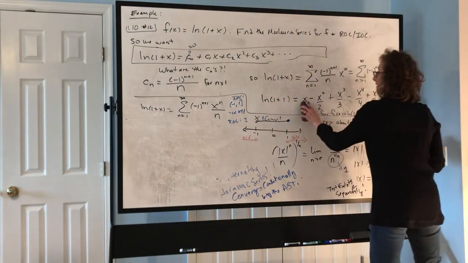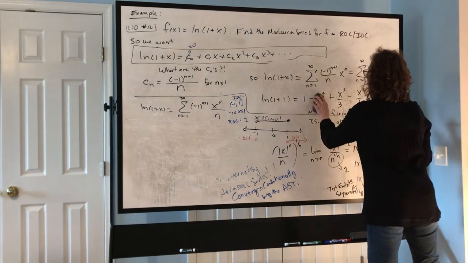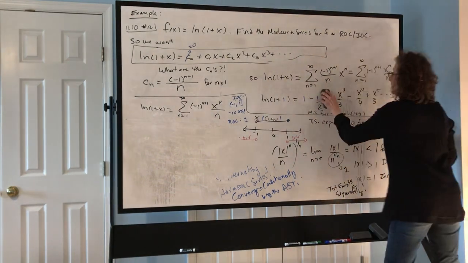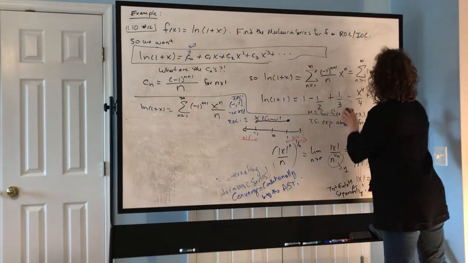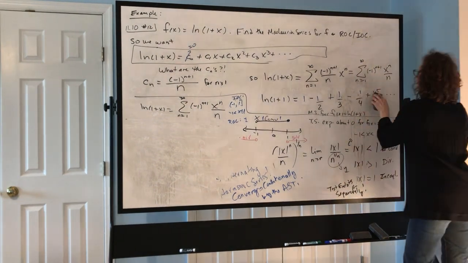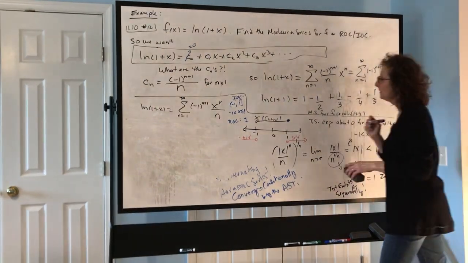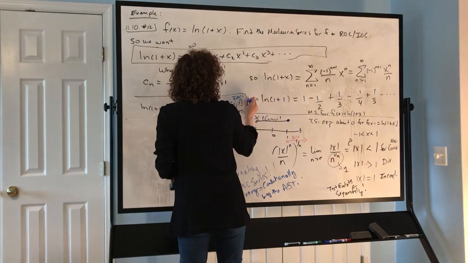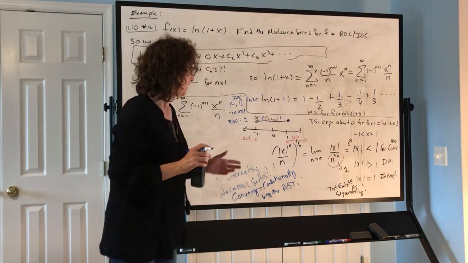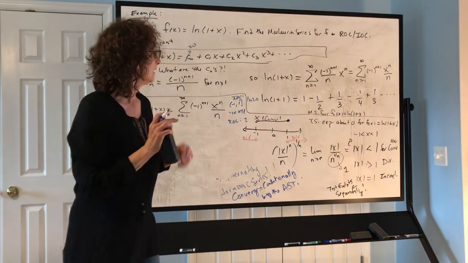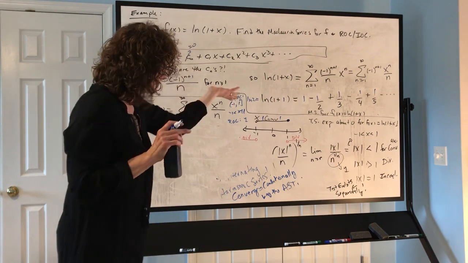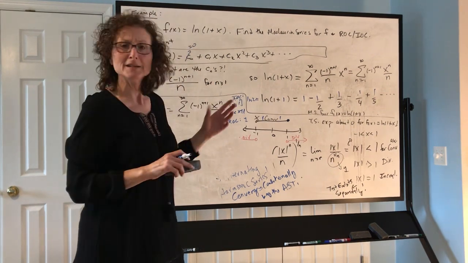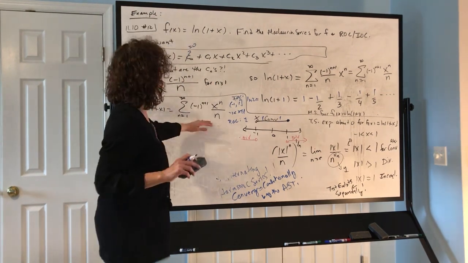Then this is 1 minus 1/2 plus 1/3 minus 1/4 plus 1/5. There was a problem that had you look at this a while ago and say, hey, the natural log of 2 is equal to that. We can say that the alternating harmonic series converges to the natural log of 2, and here's why.